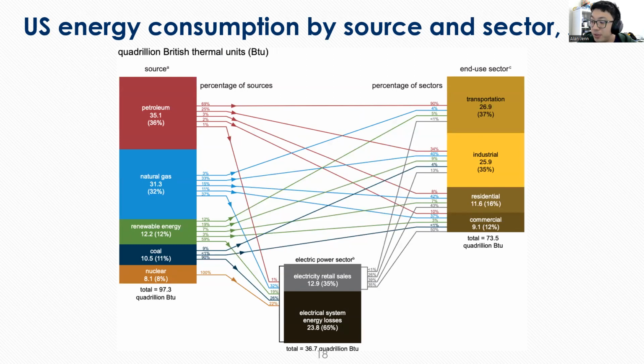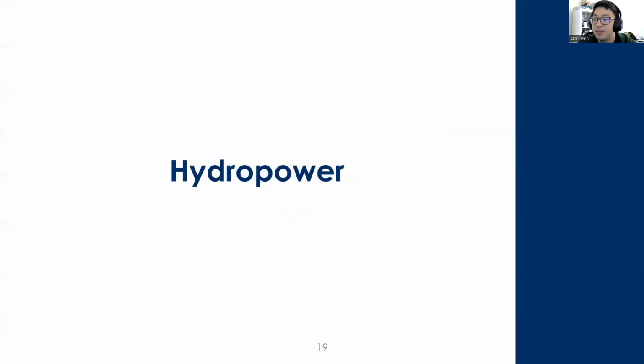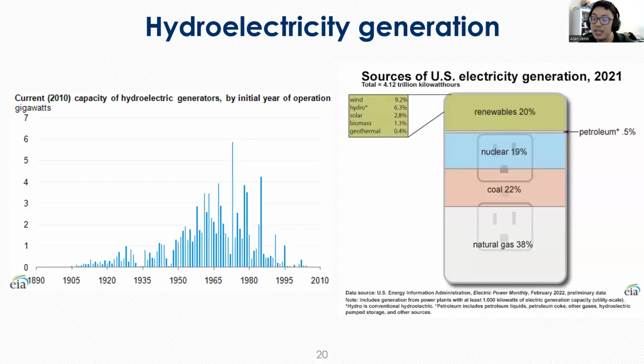Okay, so now we'll do a little deeper dive into technologies. Hydropower, we'll start off with this one. So hydroelectricity generation. This emulates one of the first charts that we looked at, of when generation resources were installed.